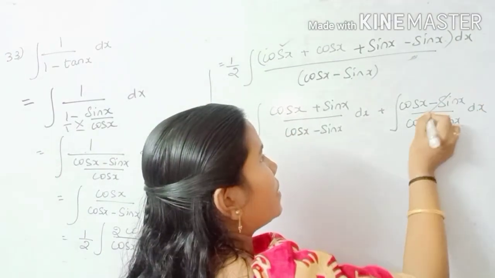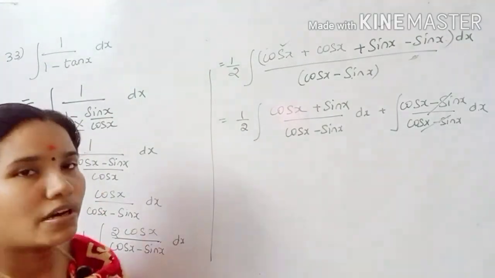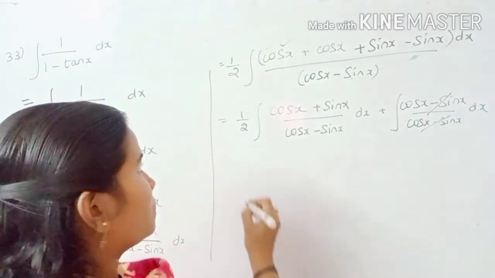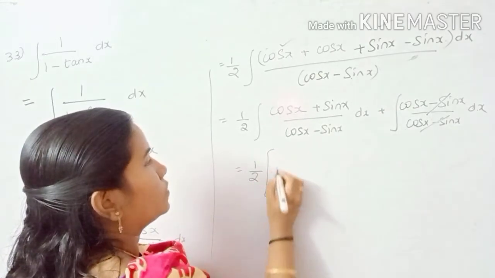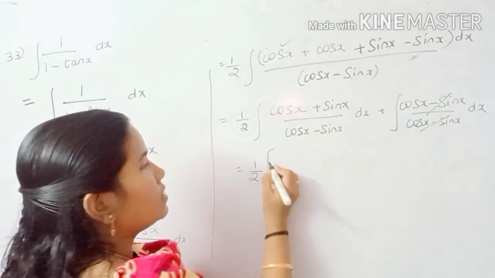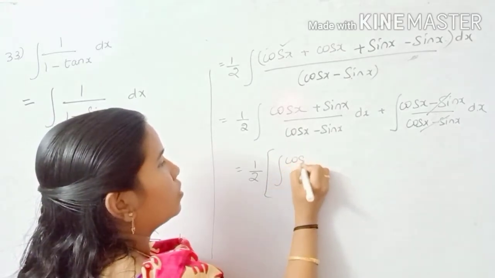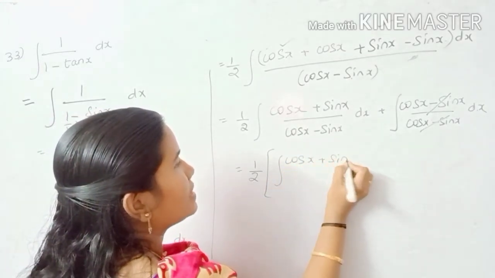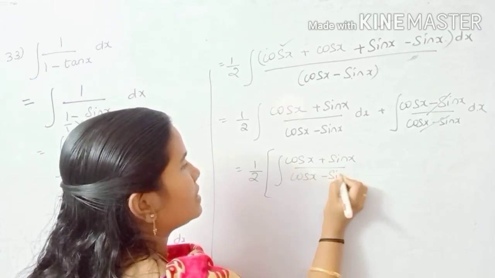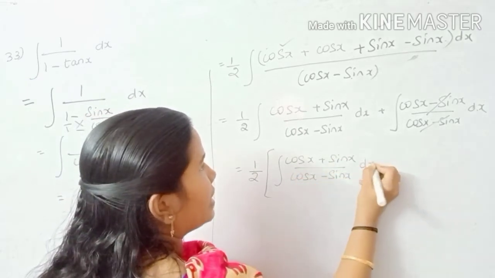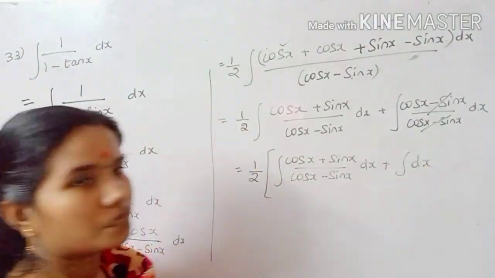So cos x minus sin x, cos x minus sin x will get cancelled and we are left with integral dx. So 1 by 2 is a constant common for both the terms: integral cos x plus sin x divided by cos x minus sin x dx plus integral dx.